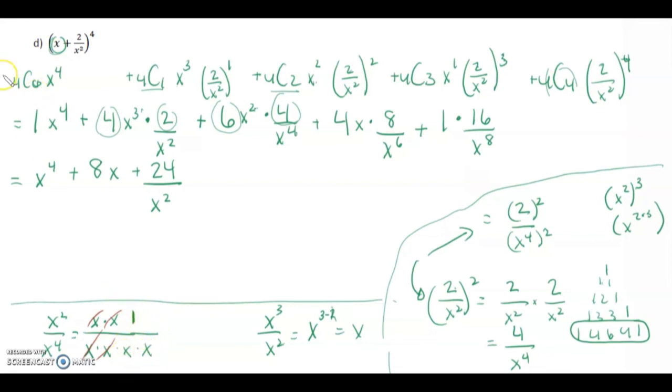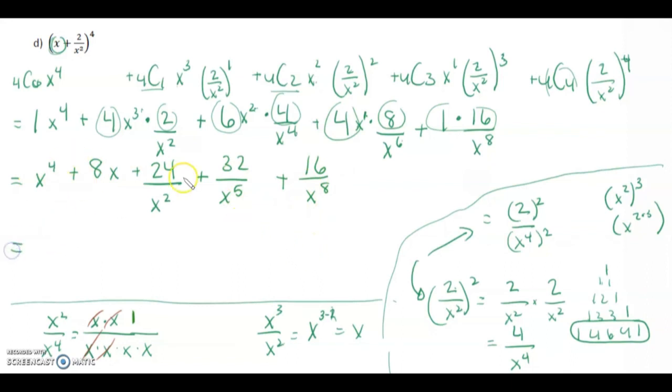So 1 over x squared. 8 times 4 is 32. We have x to the 1 over x to the 6, so it's going to be x to the 5 in the denominator. And then 1 times 16 is just 16 over x to the exponent 8. None of these are like terms, so we can leave them.